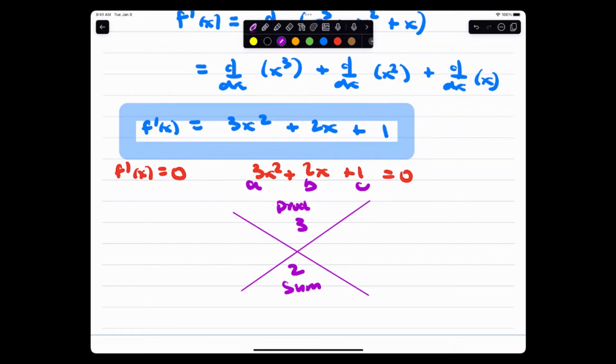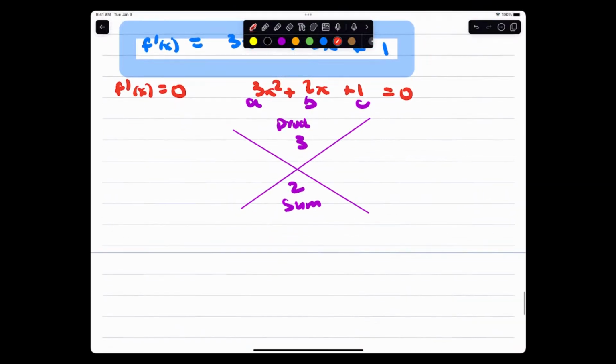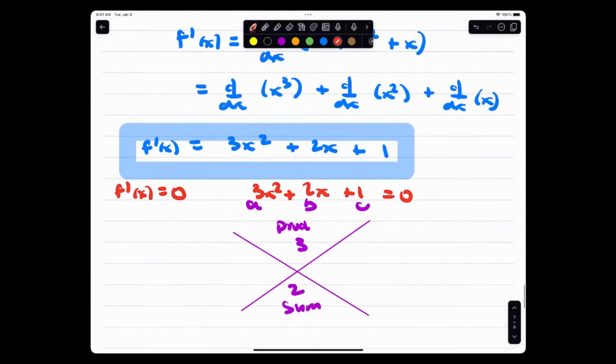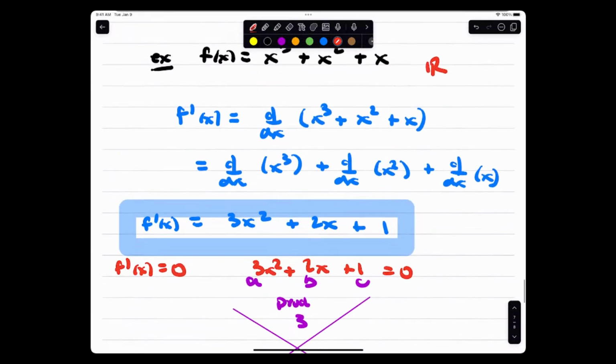So what do we get now? Two numbers multiplied together is 3, when added is 2. What's that going to be? Does that work?